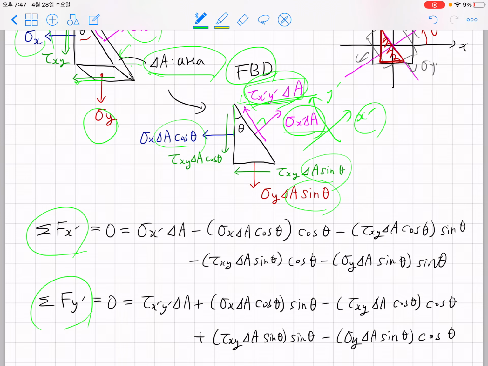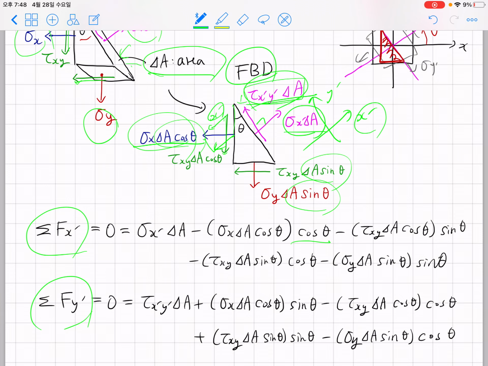From this sigma x delta A cosine theta, we have to take only the x prime projection, which is this term multiplied by cosine theta. And from this tau, we also have to take the projection in the x prime direction, right?